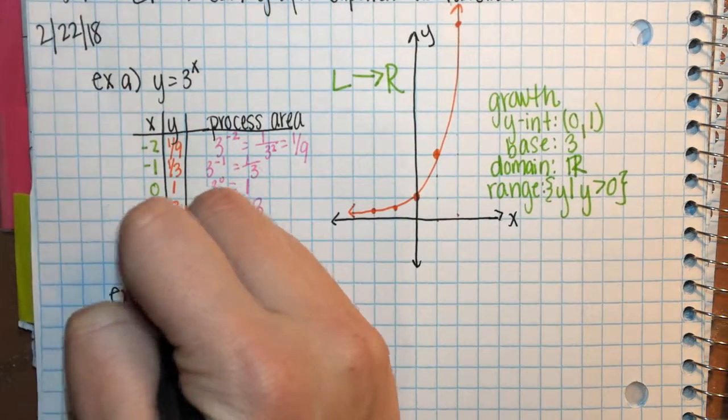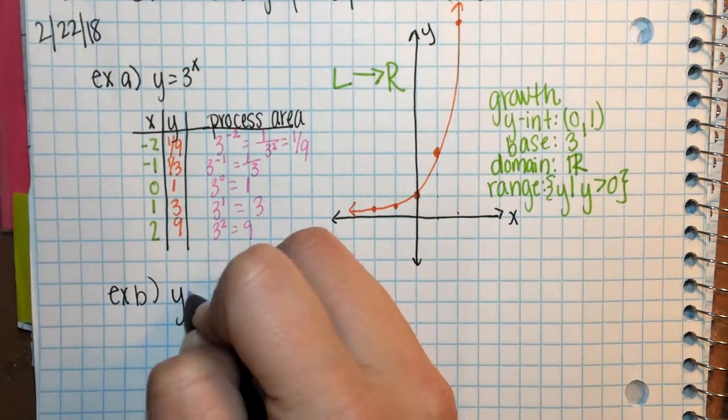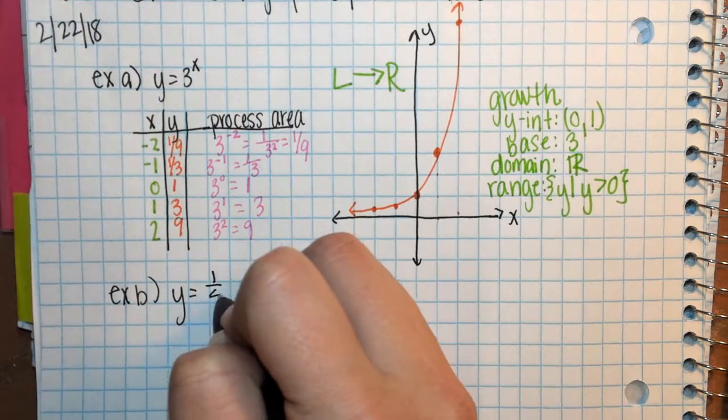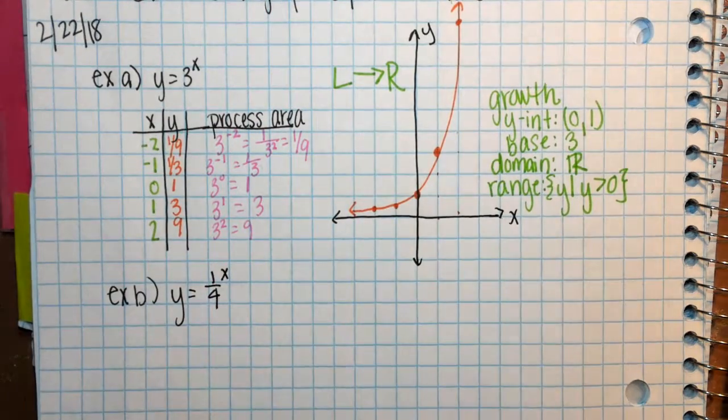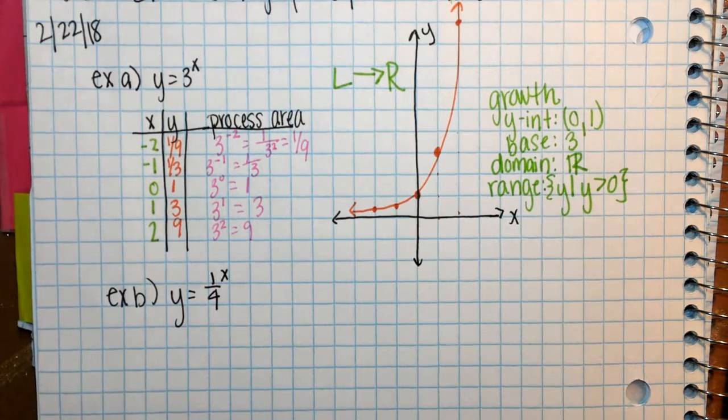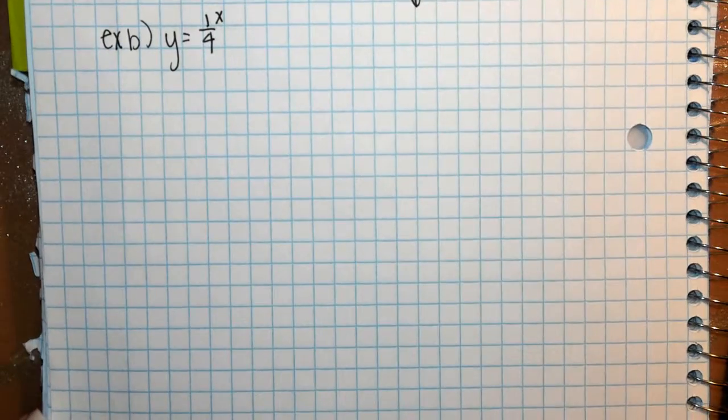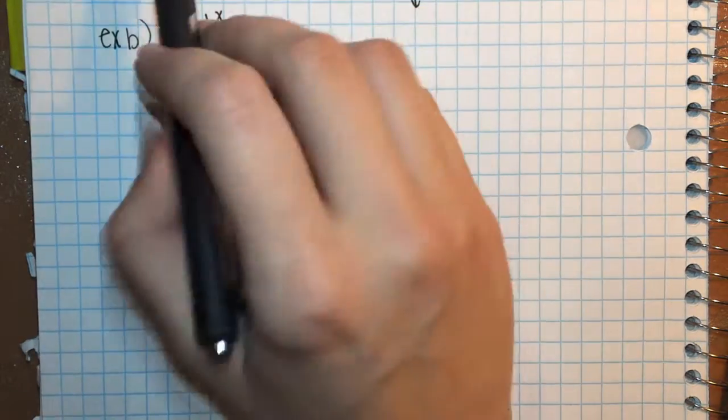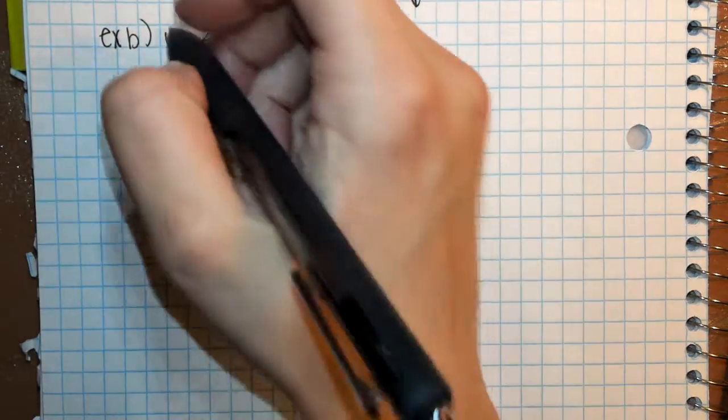All right, now we're going to do example B: y equals 1/4 to the x. Now we're going to do the same thing. We're going to make a t-table, and we're going to make an x, y, and process area.